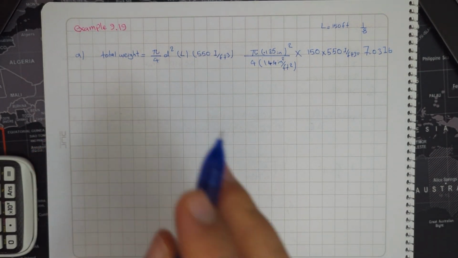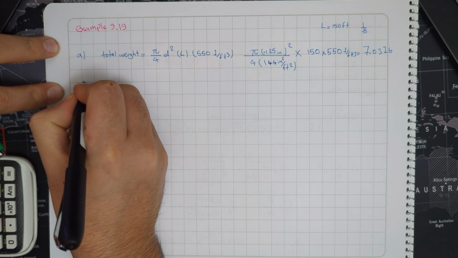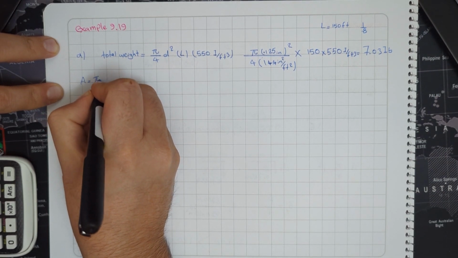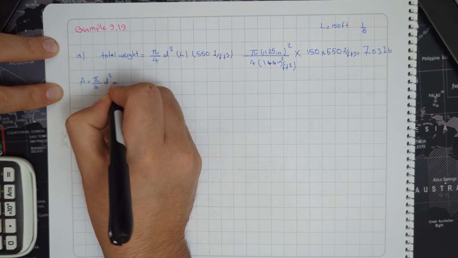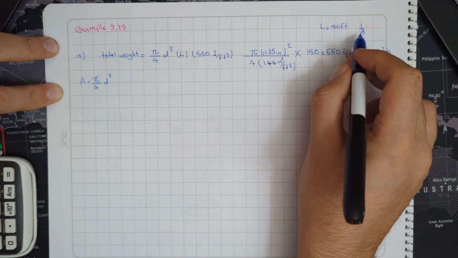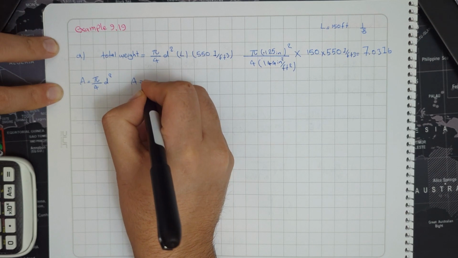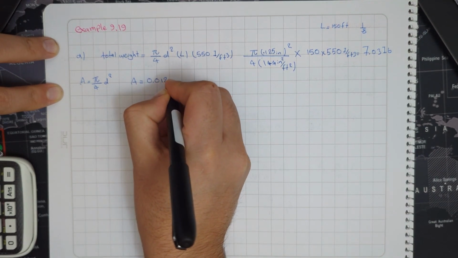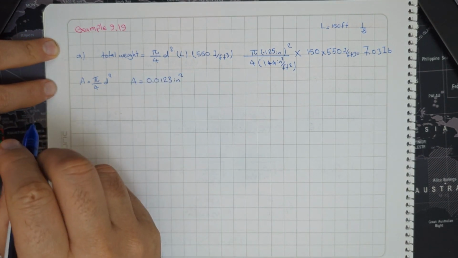Right, so what's the area of the copper? So the area is pi over 4 d squared, and d is 1/8, so the area equals 0.0123 square inch.